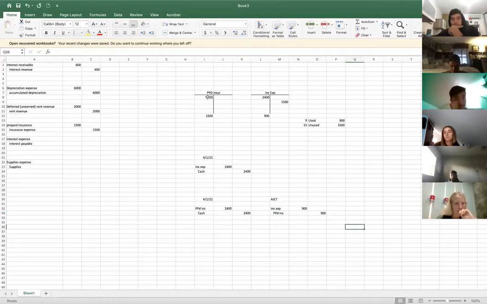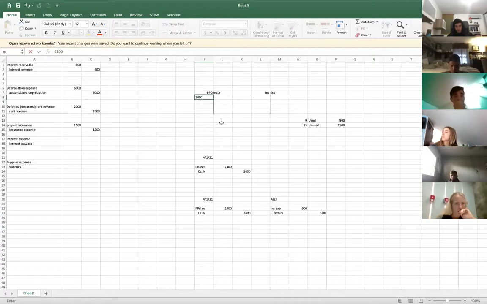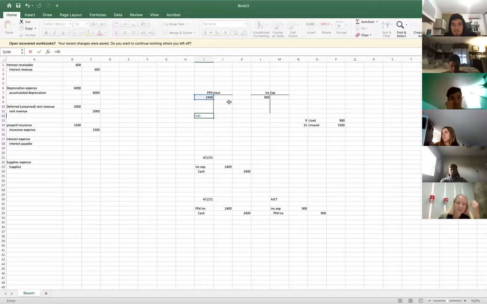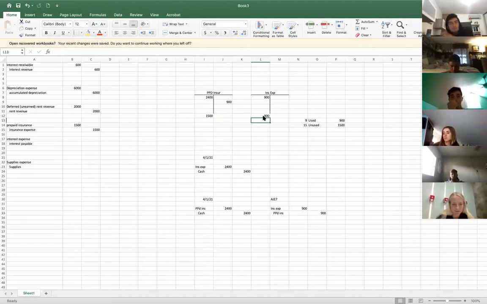Let me use these T accounts right here to show the effect of that. If they had initially debited prepaid insurance for 2,400, and then my adjusting journal entry is debit insurance expense 900 and credit prepaid insurance 900, what would the adjusted balance of my prepaid insurance be? The 15. And what would the adjusted balance of my insurance expense be?